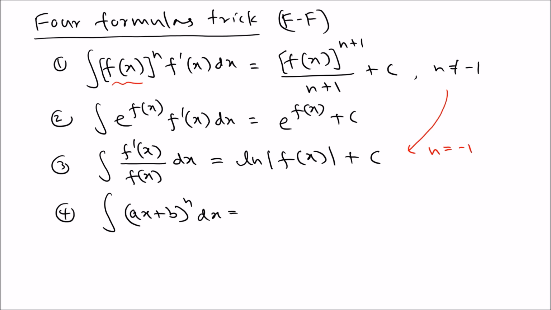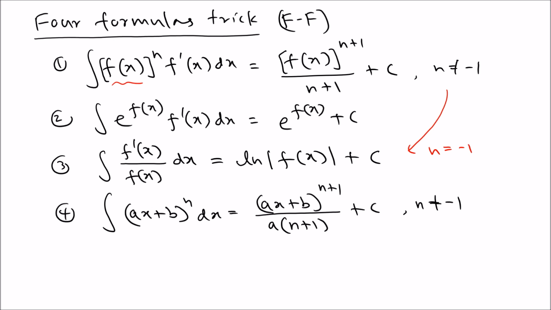That means you need to multiply and divide by a. The answer is (ax plus b) to the n plus 1, and in the bottom you should have a times (n plus 1), plus c. Again, n is not equal to -1, and a is not equal to zero, because otherwise it's just a constant. Those are what we call the 4 formulas.